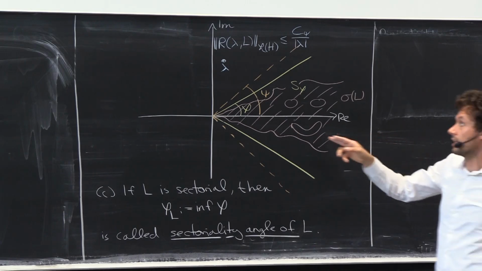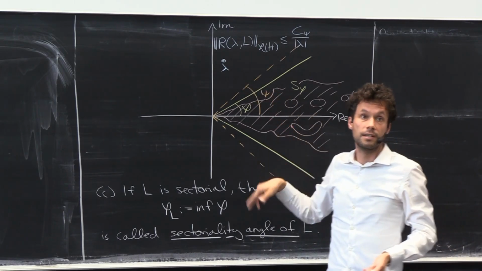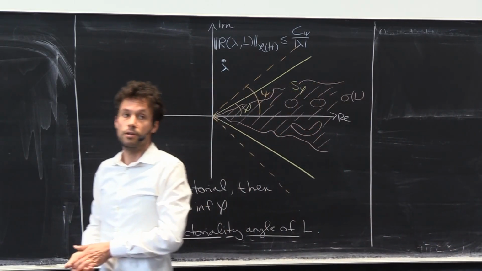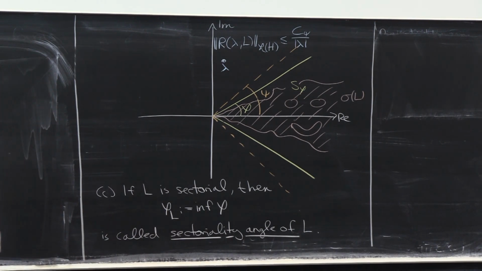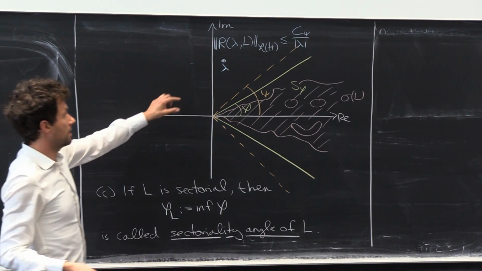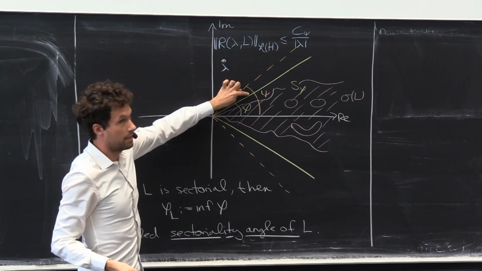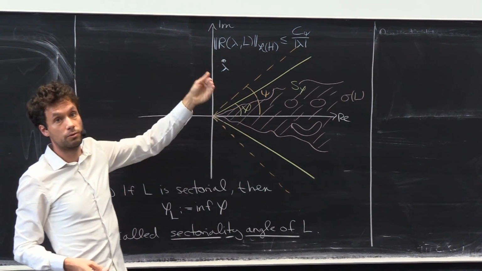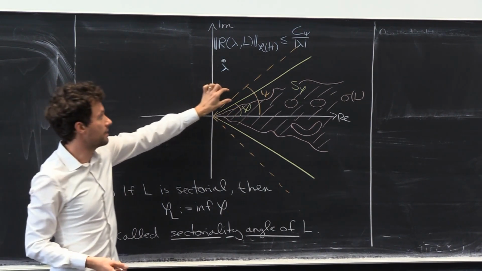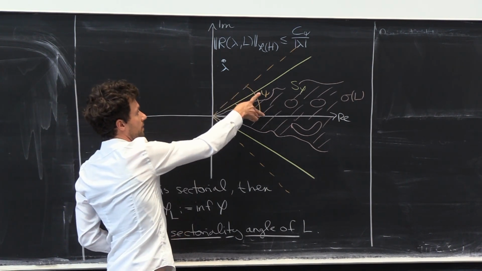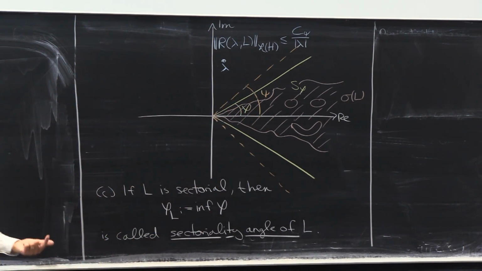You could calculate it explicitly if you want, using cosines and so on. There's also a more analytical argument in the lecture notes. But I think no matter which argument you use, it's clear that the distance of lambda to this yellow sector will be controlled by a constant that depends on how far the orange and the yellow angle are from each other, times the absolute value of lambda.